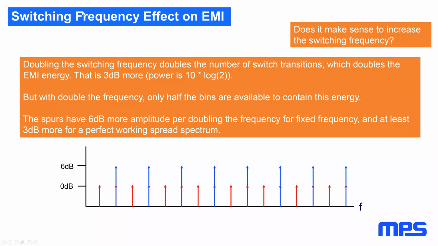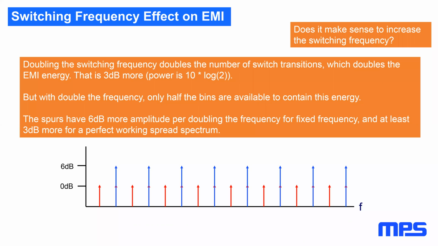Next, what I want to talk about is the effect of the switching frequency on EMI. In general, on every switching cycle, on every switching edge, you get a certain amount of EMI energy, which means the more often I go through these switch cycles, the more EMI energy I create.